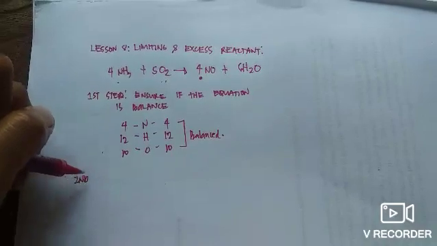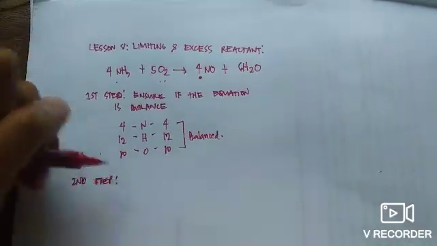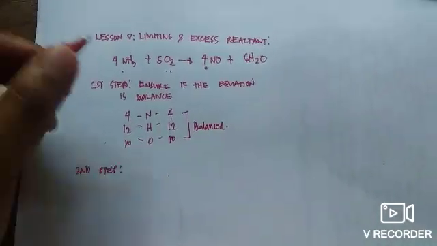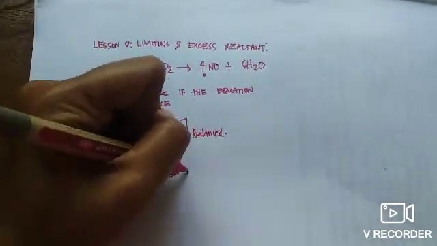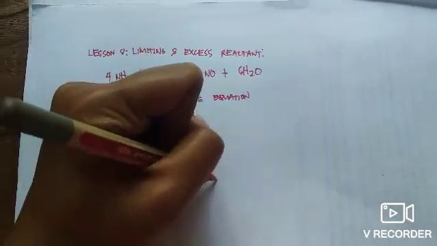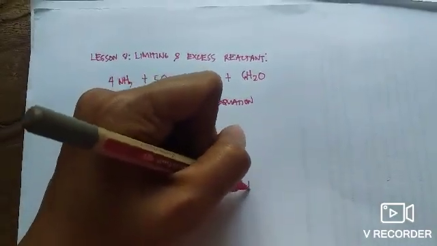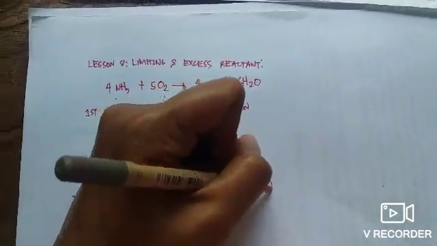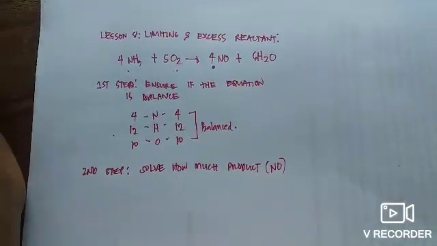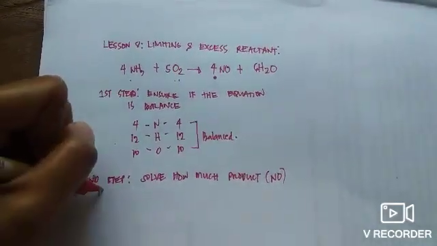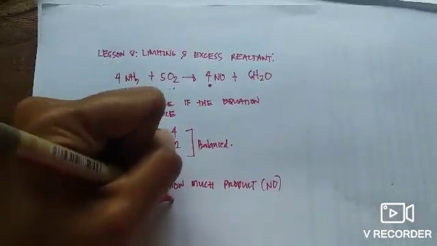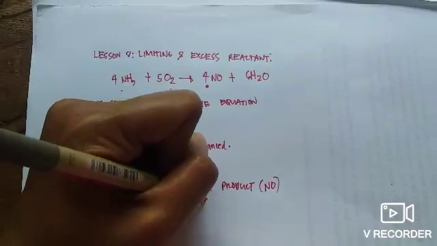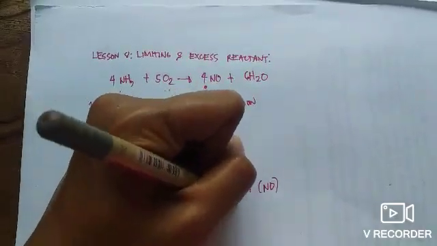The second step is to solve how much product, so of the products we choose nitrogen monoxide, is produced by each reactant.